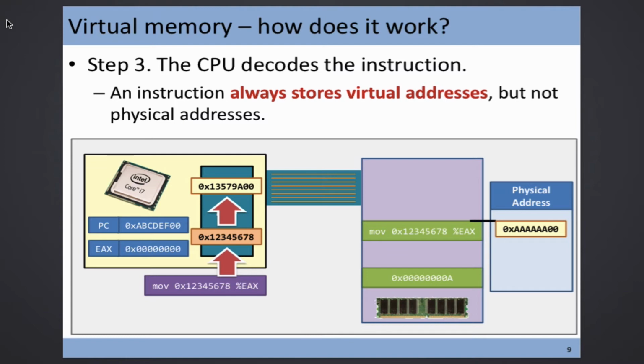And after this, maybe I need to do another job. Let's say I want to load an address 1234567X. Then it will translate into another physical address. So this translation happens endlessly. Whenever the process loads some new address, the process will load a virtual address into the CPU.